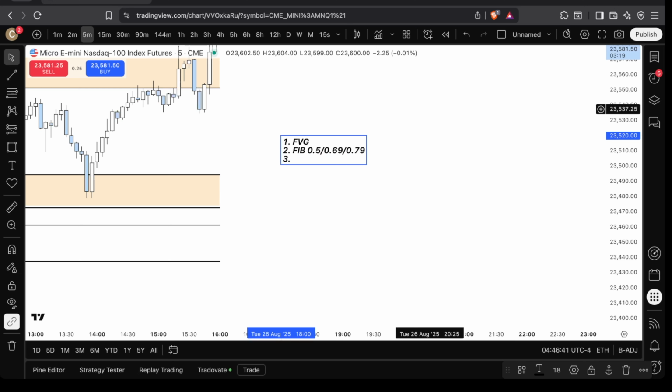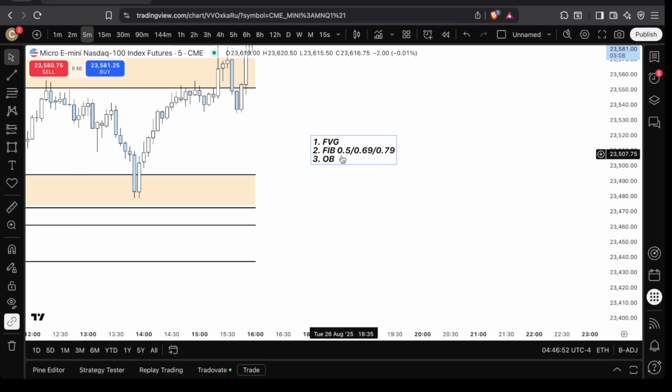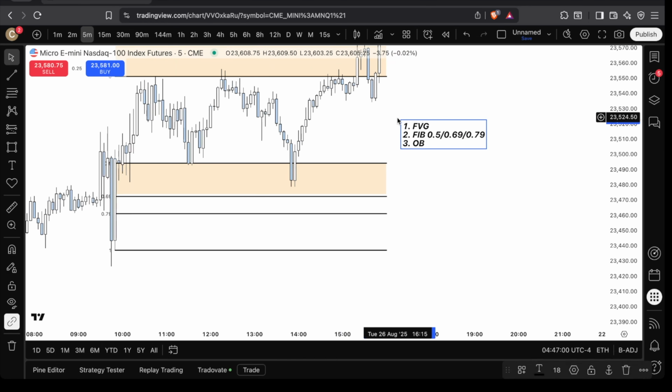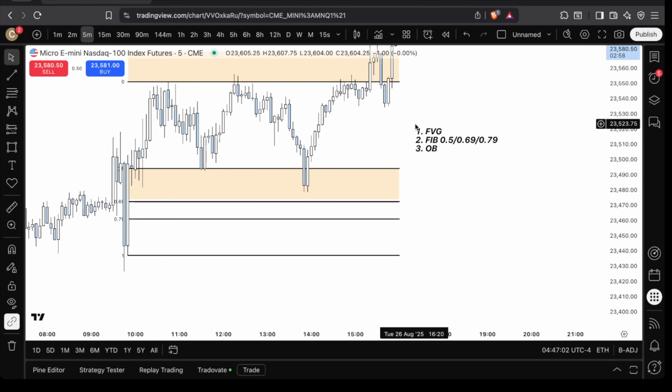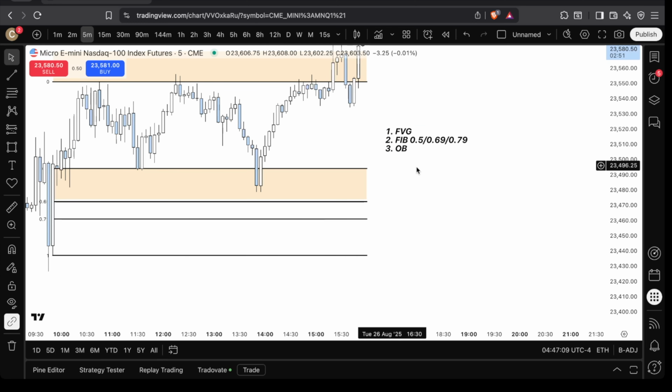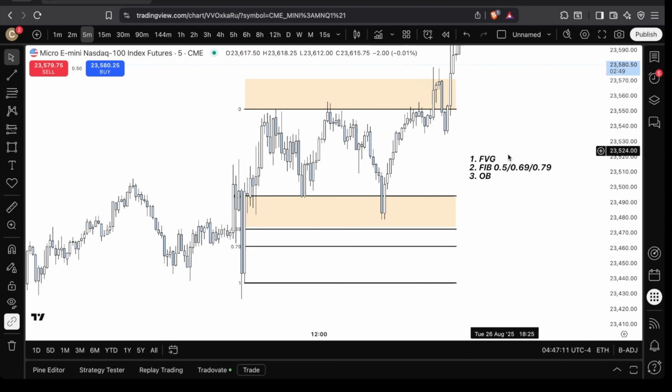Of course you can add order blocks. Okay, no, let's just stick with these, right? So these are the three main things. I'm not going to explain how they work, because I'm just making this video for people who already know something about trading. So I think you know about fair value gaps, about order blocks, and about fib. I kind of explained it already.